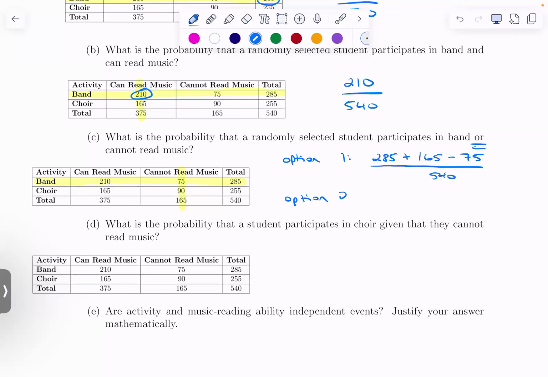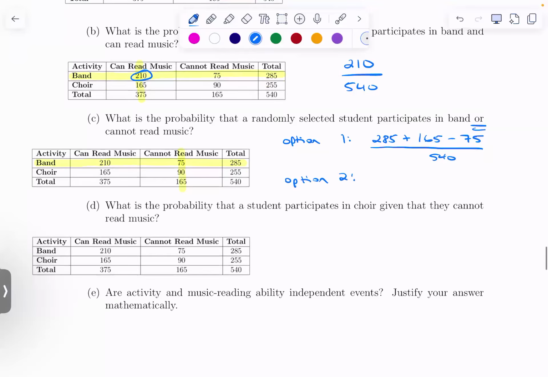Or option 2 is you can take the individual counts, not the totals, that you've highlighted and add those up, and what you'll find is that it's the same answer. Right? And so you could take 210 and 75 plus 90 out of 540, and hopefully either way you get the same answer. 210 and 75 and 90.